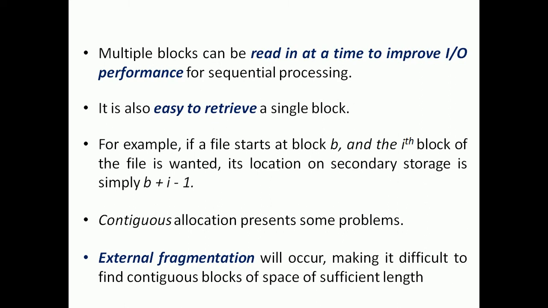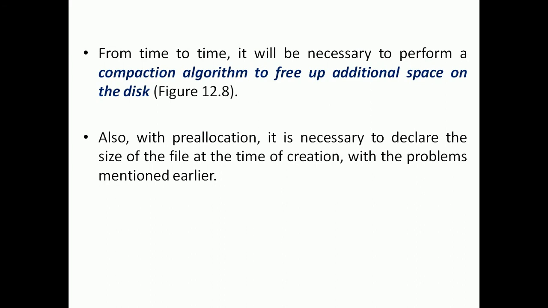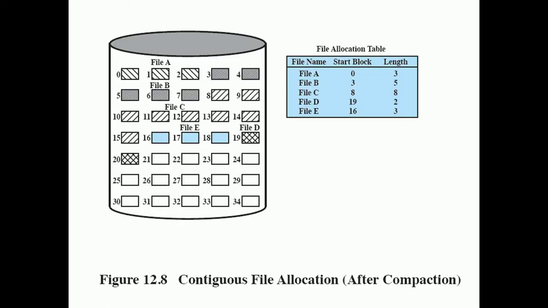The major concern here is external fragmentation, so we frequently need to perform the compaction algorithm to gather the unused spaces into one place. This is a simple example. Here is the modified version after applying compaction to this contiguous file allocation. See this: after compaction, all the unused blocks are arranged in one place.